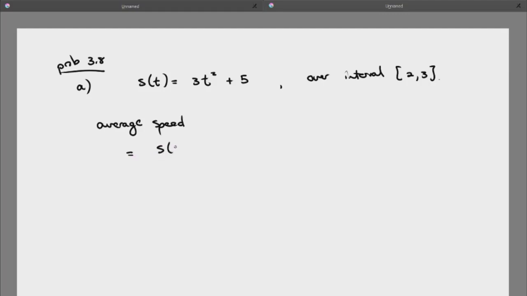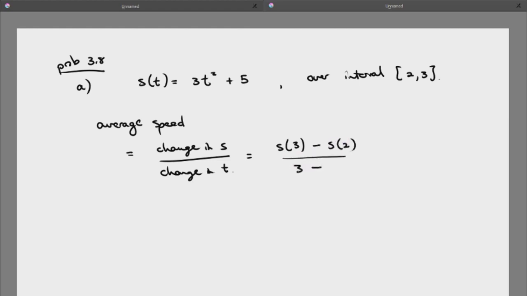the change in the, I'll write out, why not? Change in my y variable over change in my quote-unquote x variable. So it's the later function value, so function value at 3 minus function value at 2 over the difference in the time values.